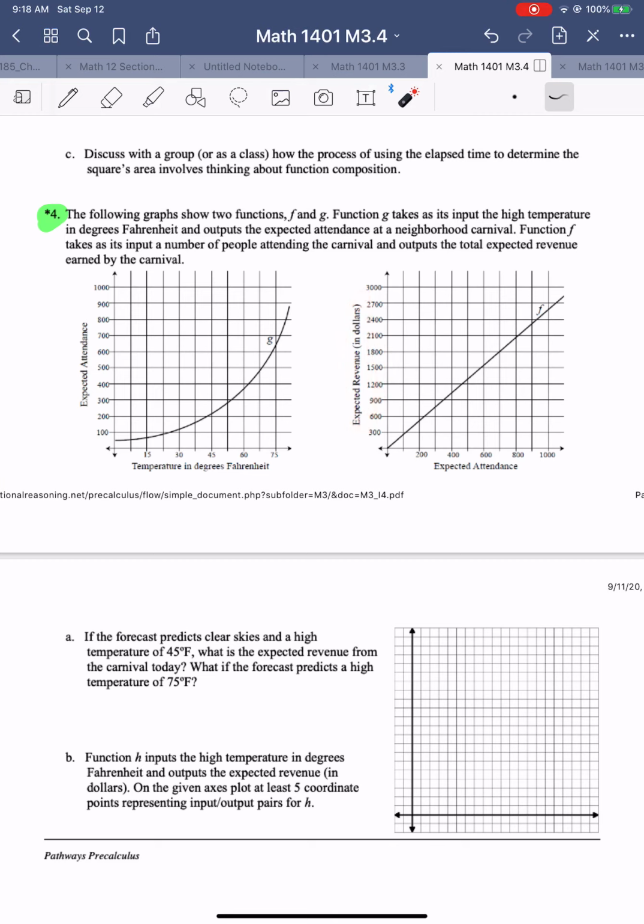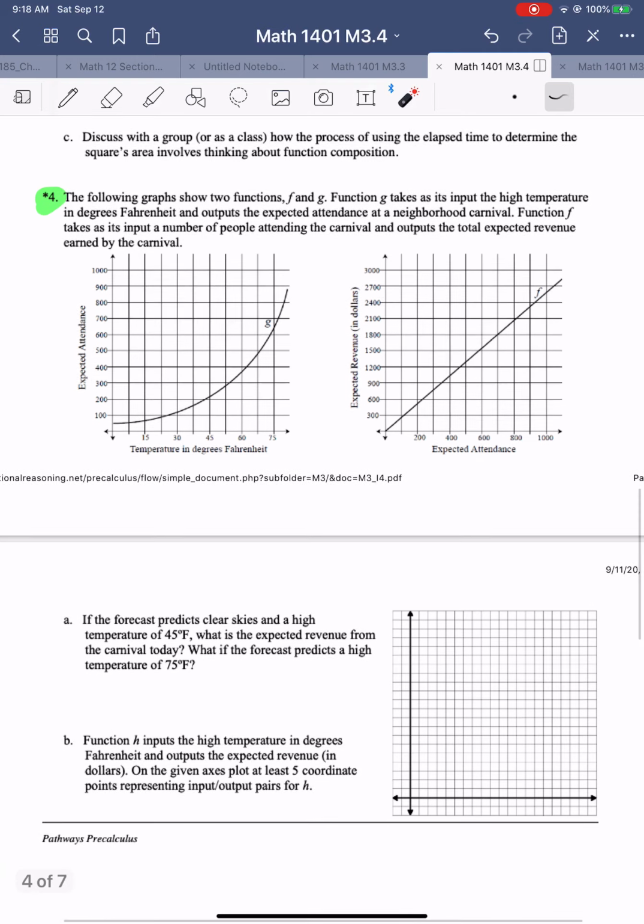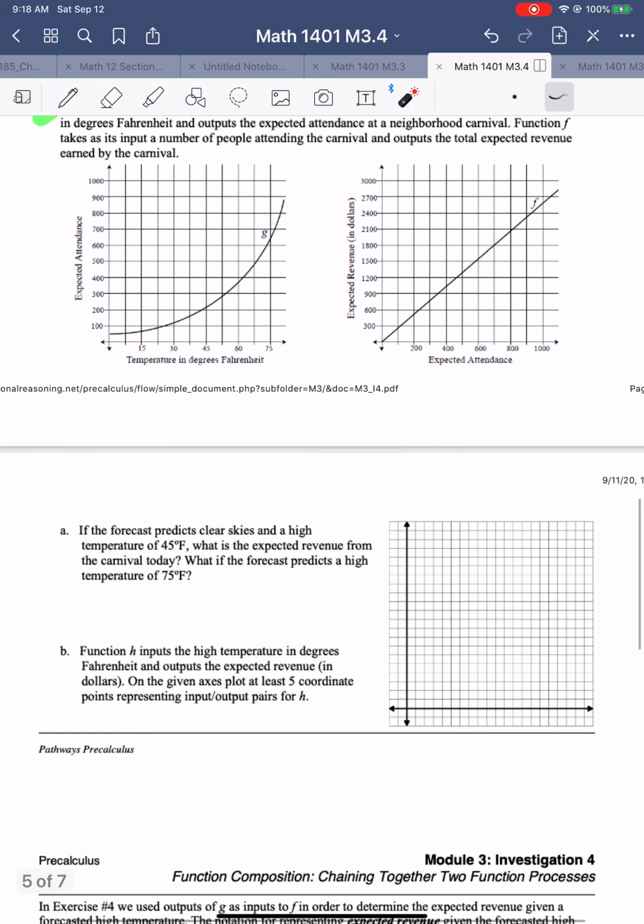So something has to be in common: the input to g was temperature, the output was the expected attendance, and that output now becomes the input of f, and from that input you get the output. So whatever the temperature, you get the expected revenue. You put it through the two machines to take it out.